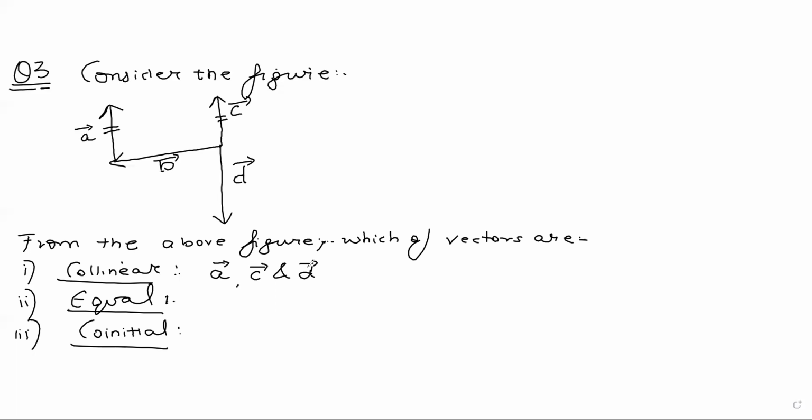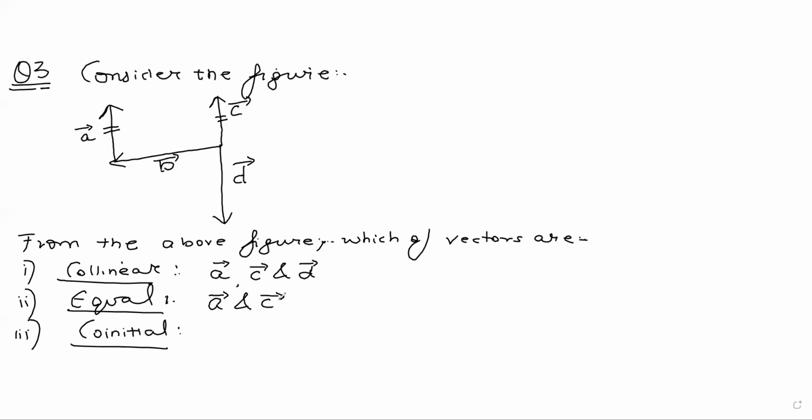If I talk about equal vectors, you can see only vectors A and C are equal. Why? Because both A and C have the same magnitude, and they have the same direction also. So they are equal.